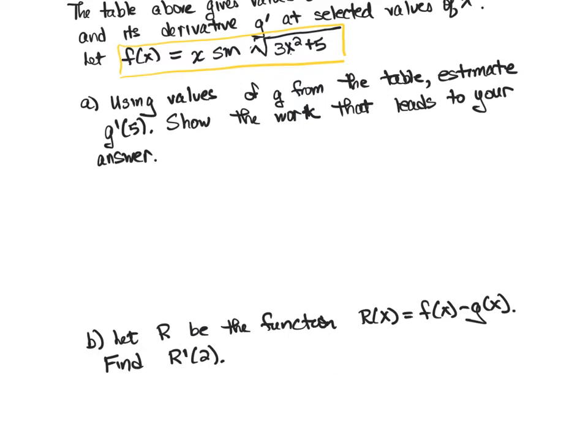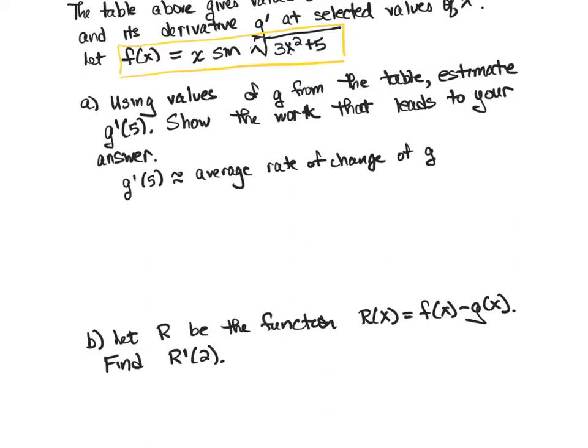In part A, it asks to use the values of g from the table to estimate the derivative of g at 5. So here what we do is we have to find the average rate of change of g. It's approximately equal to the average rate of change of g in an interval that includes 5.